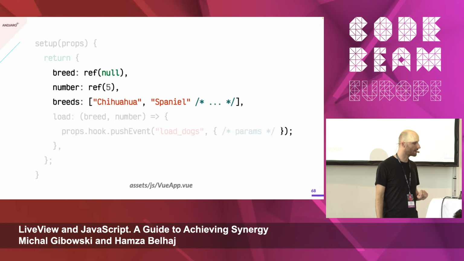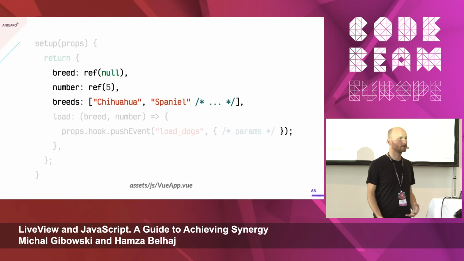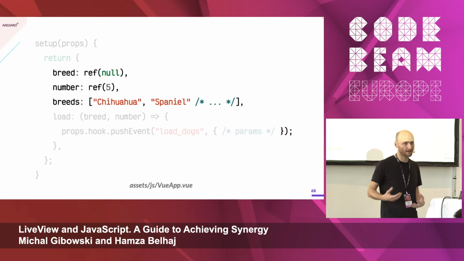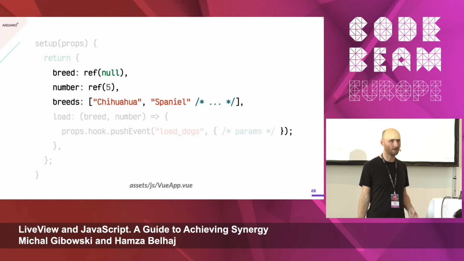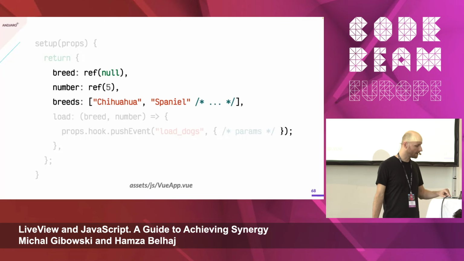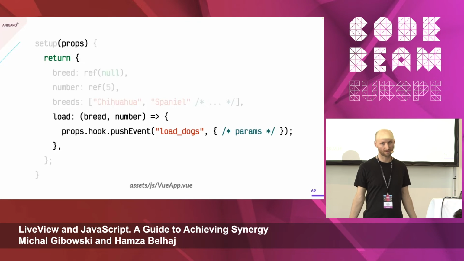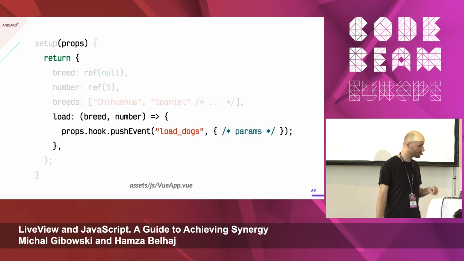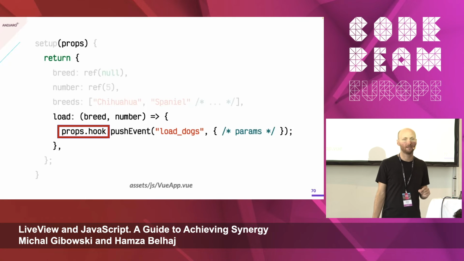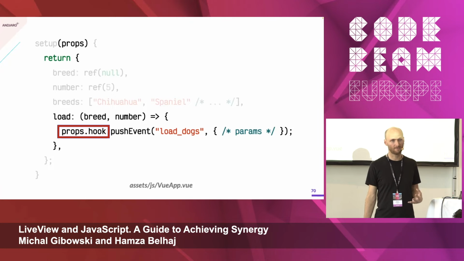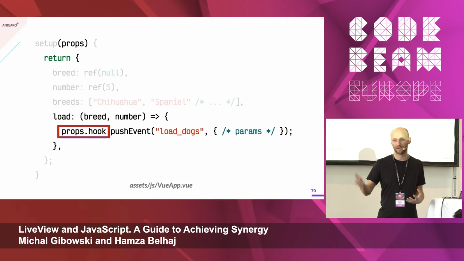Here we have the declaration of the state. There are two fields that are references, so they are bound to the form controls, the breed for the breed selection, and number for the slider, and we have also a definition of all available breeds. And the load function is what gets executed when we click the load button. As we see, we have here access to our hook via props, so we can just push events to the server.